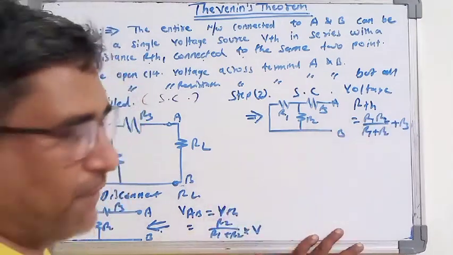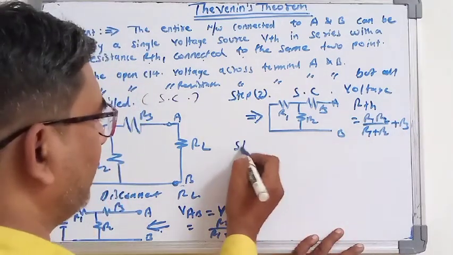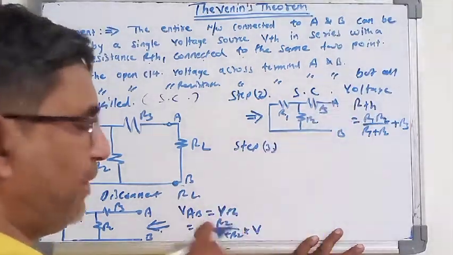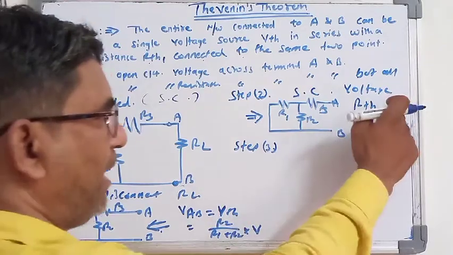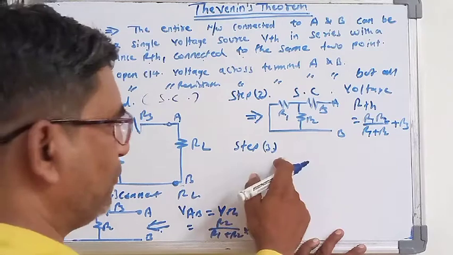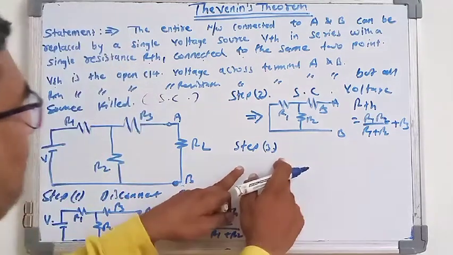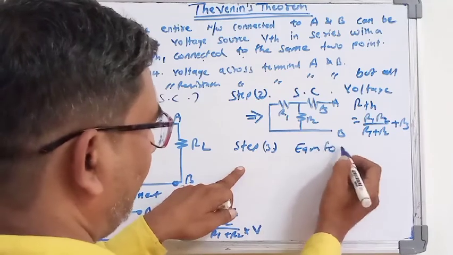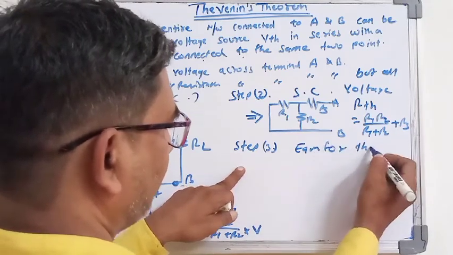Then step number three. Whatever we have found out, this VTH and RTH, we have to reconnect. For reconnecting these values, you will get the equivalent circuit for Thevenin's theorem.